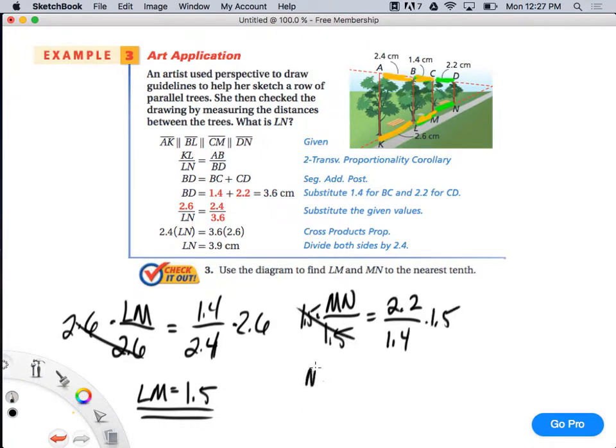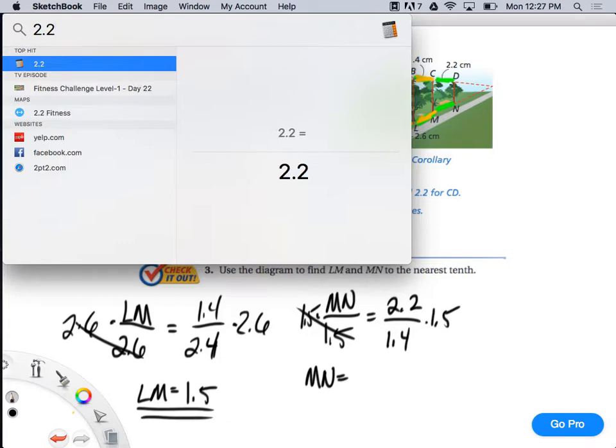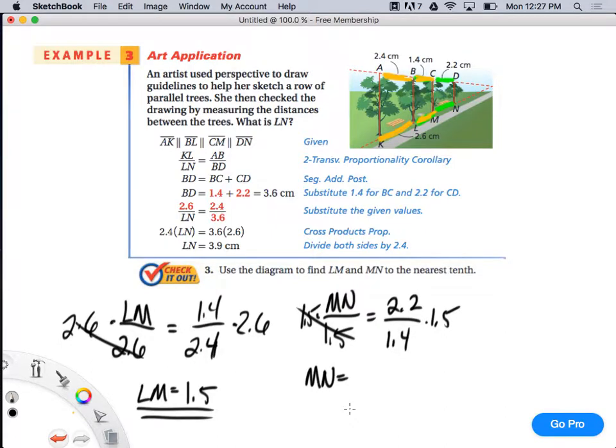And I get MN equals, what was that? You don't cross multiply? No, because you don't need to, because MN is on the top. But you can cross multiply, you end up doing the same math anyway. So it ends up being approximately 2.4. Does that make sense? Any questions on that?